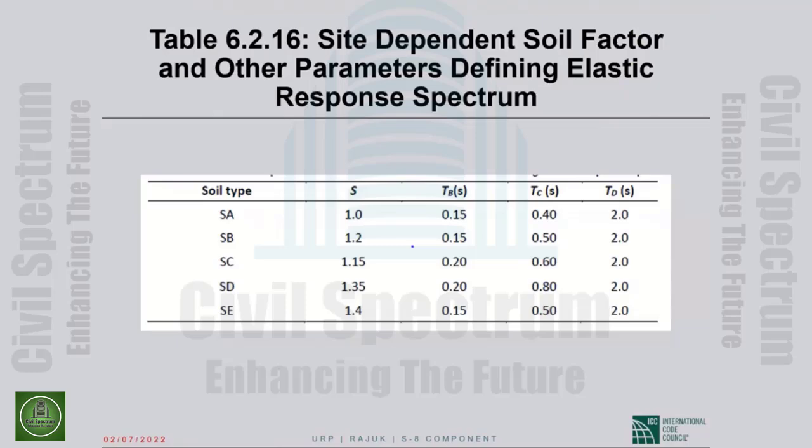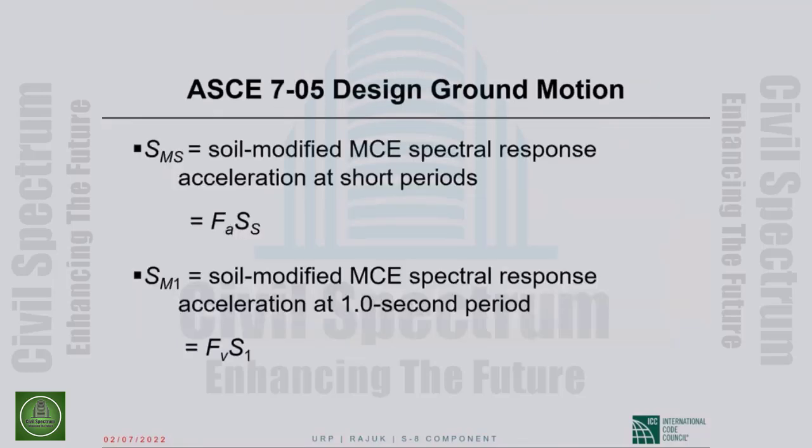So with this table, we should be in a good position to construct our spectrum. Now, going back to ASCE 7, we find S sub S and S sub 1 for a particular location, let us say from the USGS website.